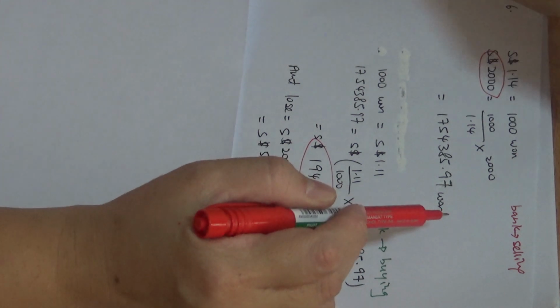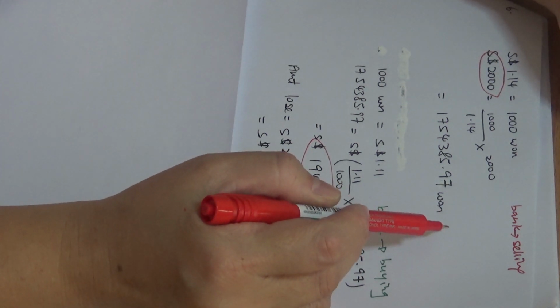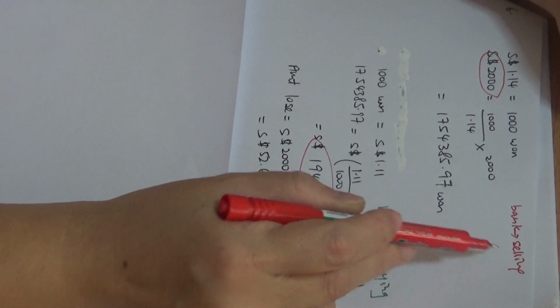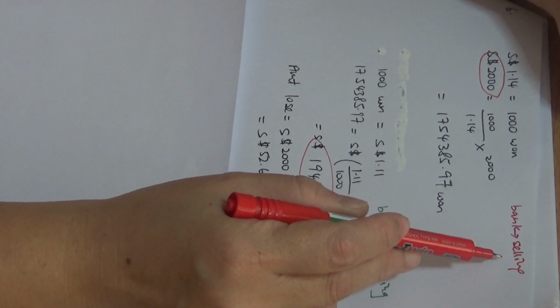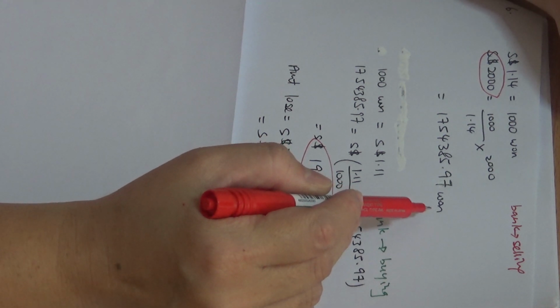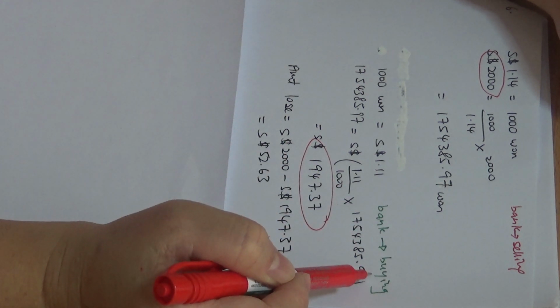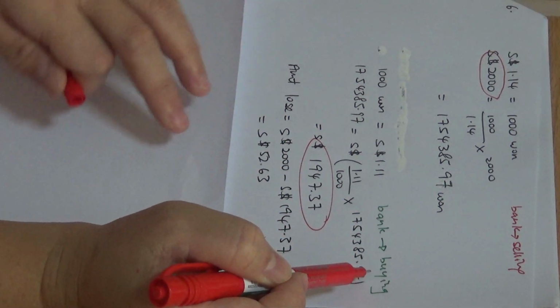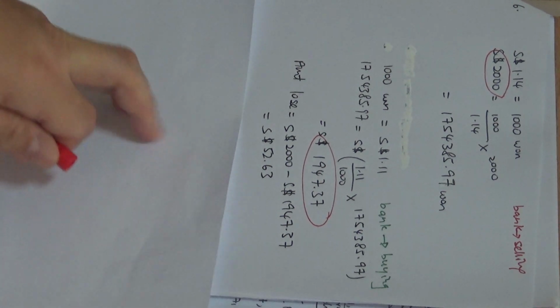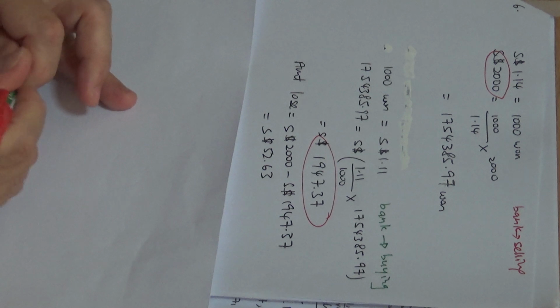Now I repeat again, when he is going to Korea, he is buying Korean money, so the bank is selling Korean money. When he has this amount and he wants to change back, he is selling Korean money, therefore the bank is buying Korean money. The table is with respect to the bank, not the customer. Okay, this you have to get clear in your head.